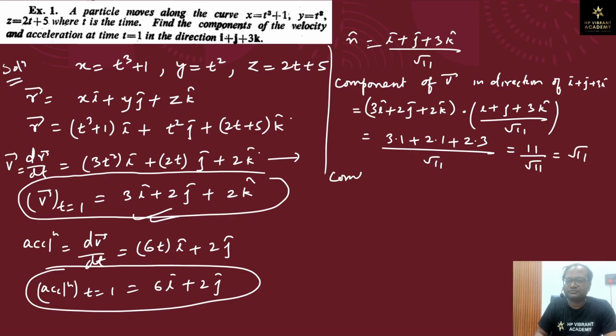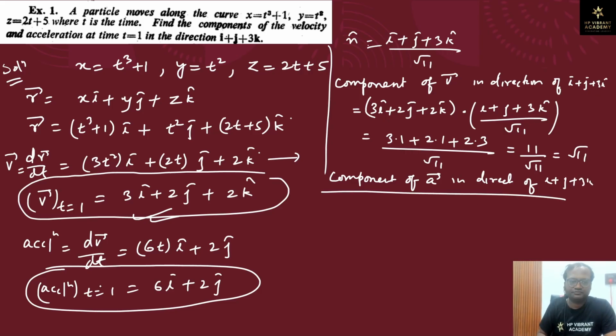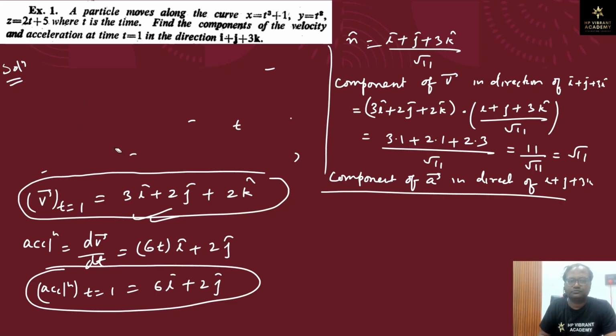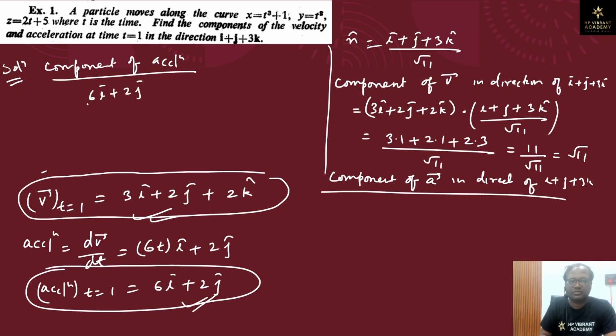Now the component of acceleration in the direction of i cap + j cap + 3k cap is given by the acceleration vector, 6 i cap + 2 j cap, dotted with n cap. n cap is (i cap + j cap + 3k cap) upon root under 11.